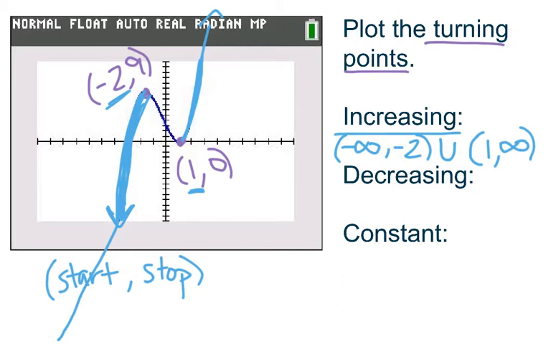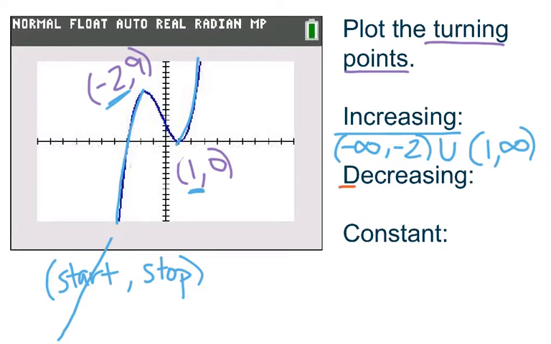That is where it's increasing. So notice that I had 2 places that were shaded in blue, and when I wrote my interval notations, I had 2 different interval notations. The reason that we put parentheses around these is because it's not actually increasing or decreasing at the turning point, it's just changing. So anytime you do this, you're probably going to put just a parentheses around it.